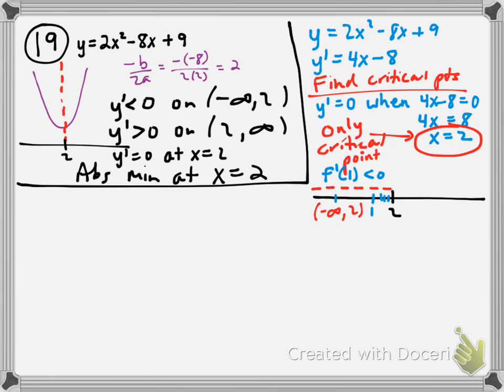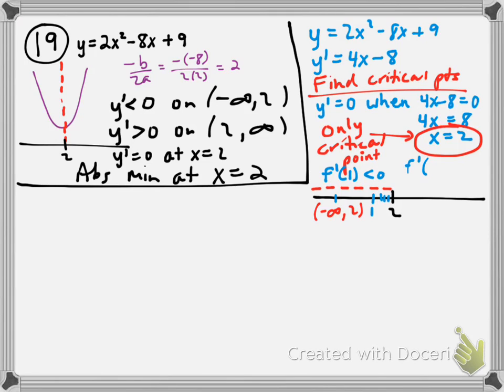Keep in mind that we already knew this to be true because of the graph that we drew in the beginning. Okay? Well, likewise, we're going to need to figure out what the sign of f prime is on the interval from 2 to infinity.